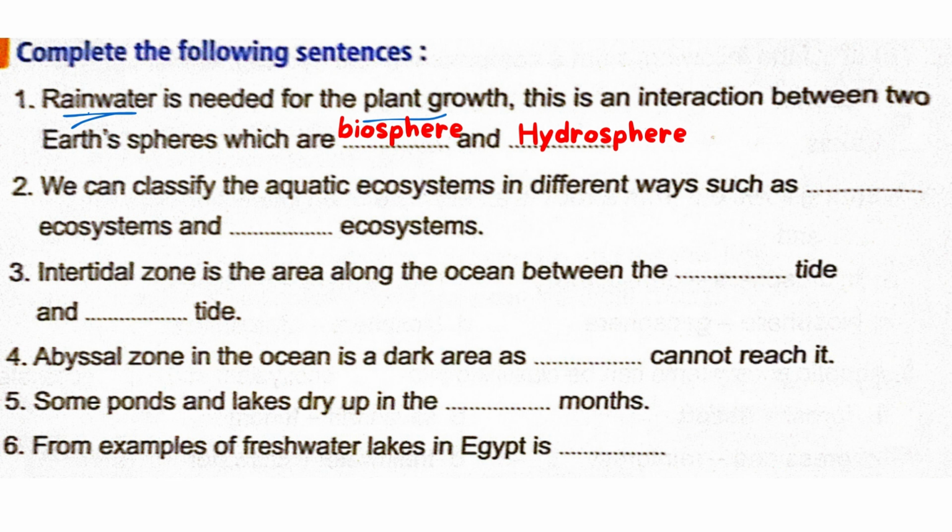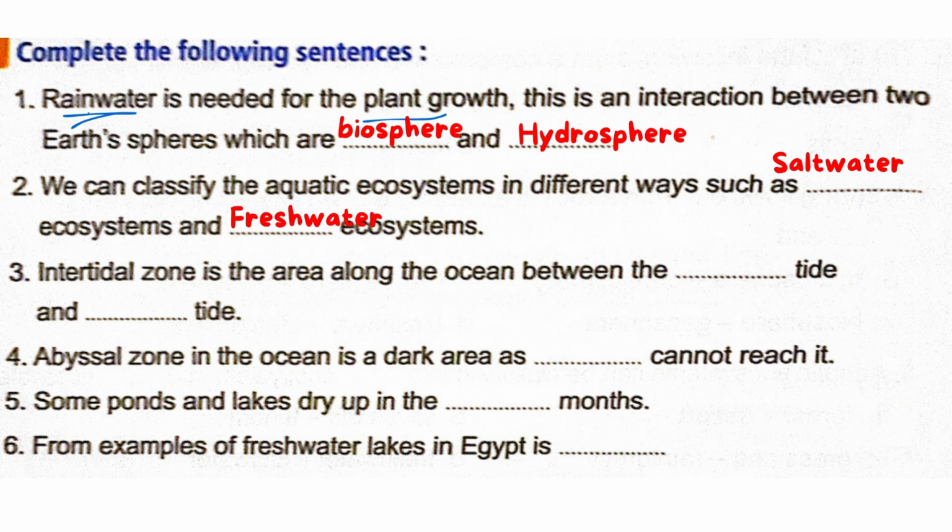The second question we have here, we can classify the aquatic ecosystem in different ways, such as the aquatic ecosystems can be classified into two types of ecosystems. Do you remember them? Yes, we have saltwater ecosystems and freshwater ecosystems.